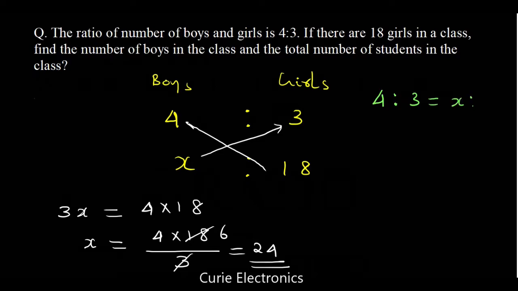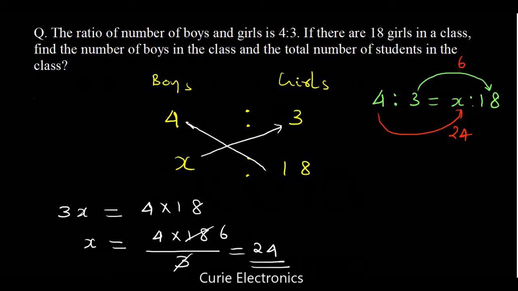Now the 3 has become 18 on the right side of the equal sign. So to make 3 into 18, we have to multiply by 6. So you get the value of x if you multiply the same number 6 with 4, which is equal to 24. So logically we can just write it this way.